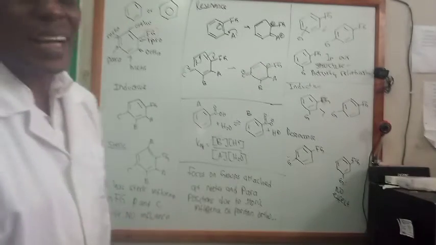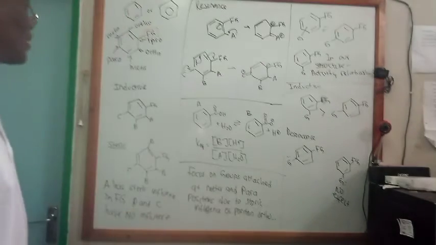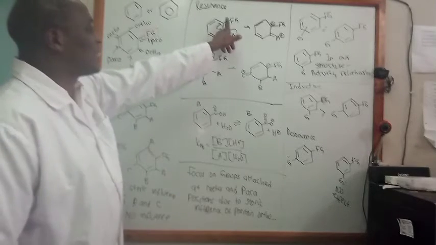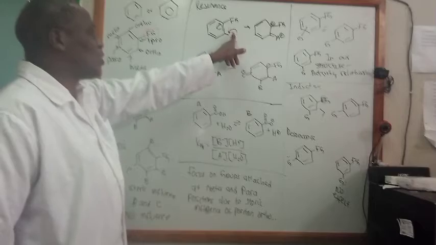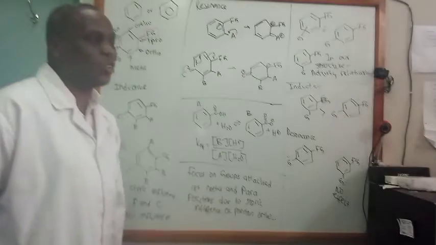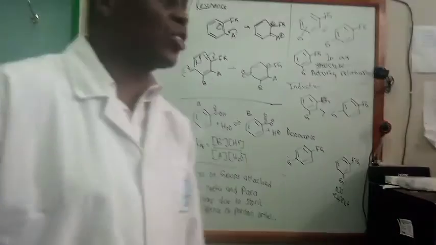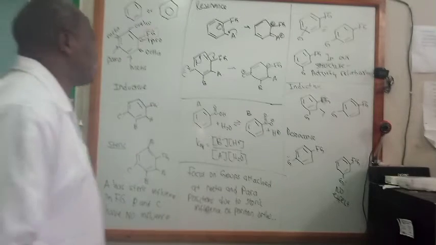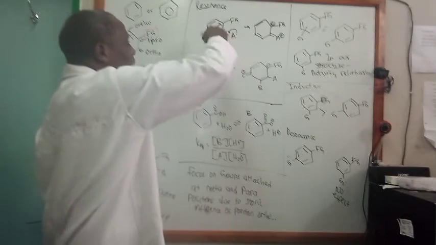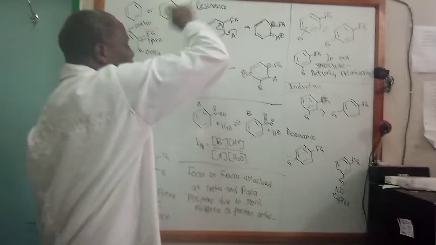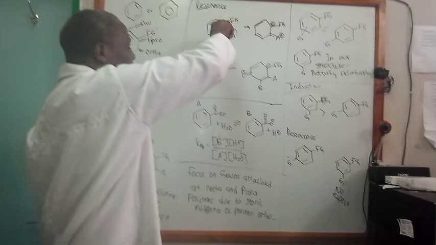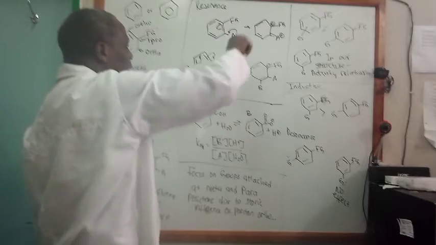Now, coming to the resonance effects, for resonance, you're going to see that if A has got a lone pair, or if it is donating electrons via resonance, it's going to have an influence on the functional group at the ortho position.